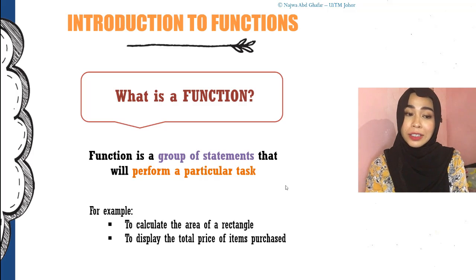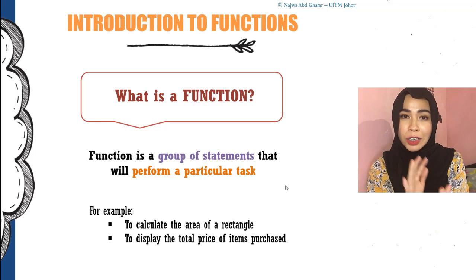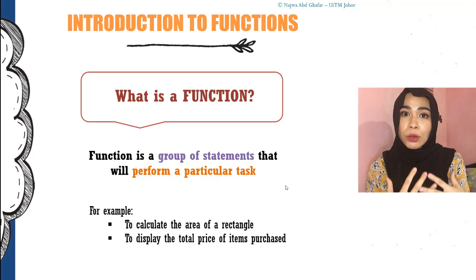As a definition, a function is a group of statements that will perform a particular task, meaning that a programmer will create and specify what the function will do. Whenever we create a function, it is intended to do something.